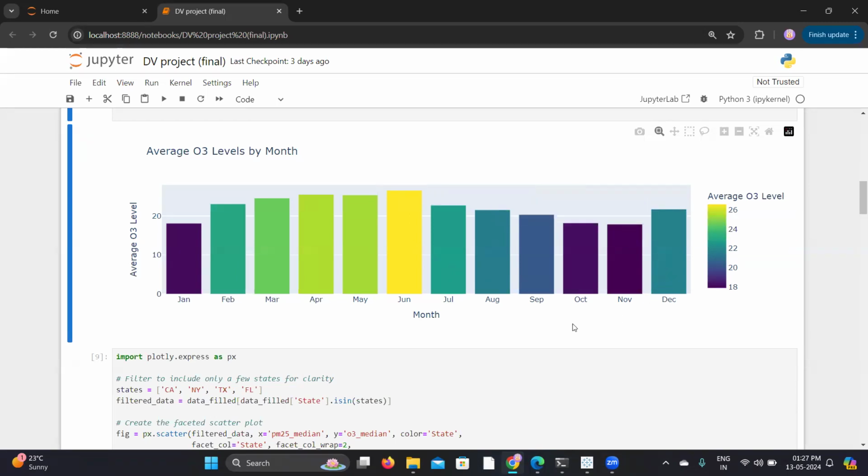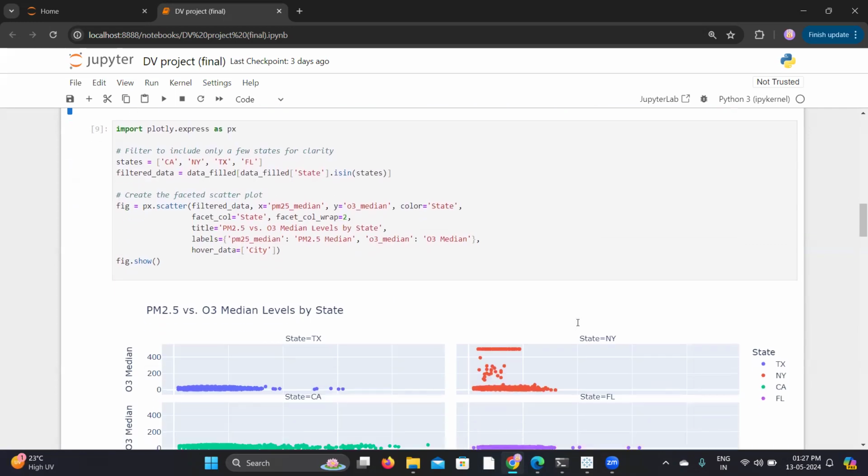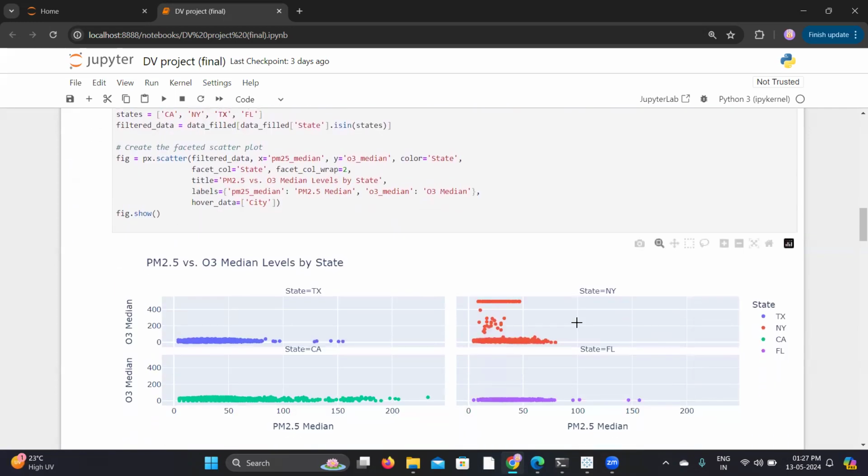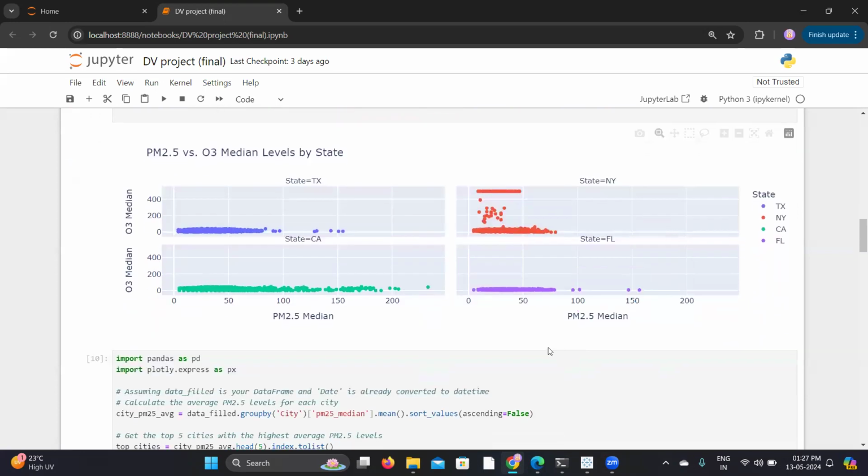Next we have a scatter plot. This scatter plot displays the relationship between PM 2.5 versus O3 median levels by state. Here we have four states: Texas, California in green, New York in red, and Florida in purple.